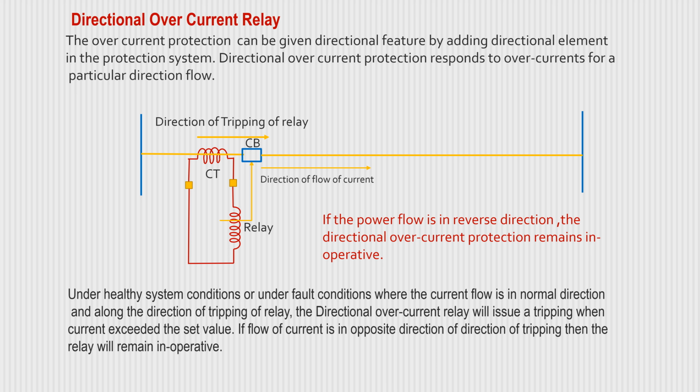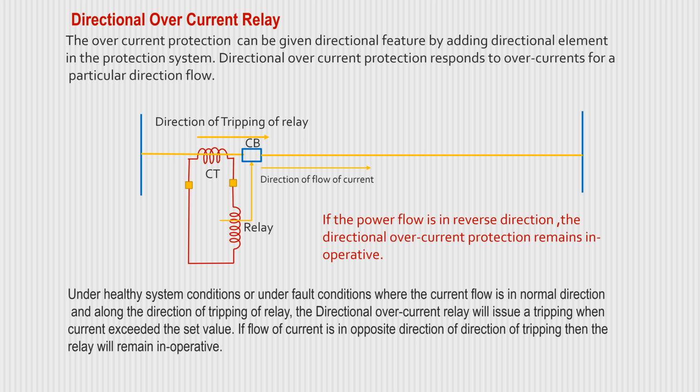Under healthy system conditions or under faulty conditions where the current flow is in the normal direction and along the direction of tripping of the relay, the directional overcurrent relay will issue a trip when current exceeds the set value.